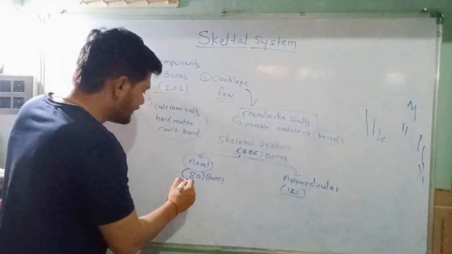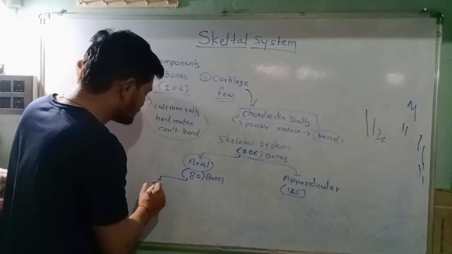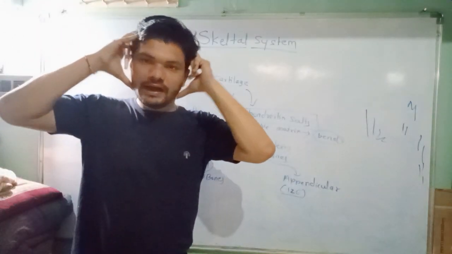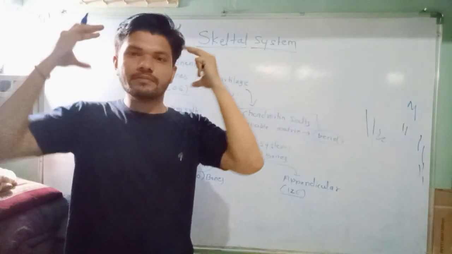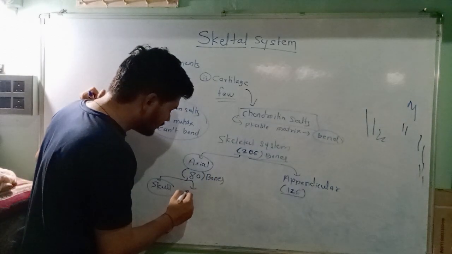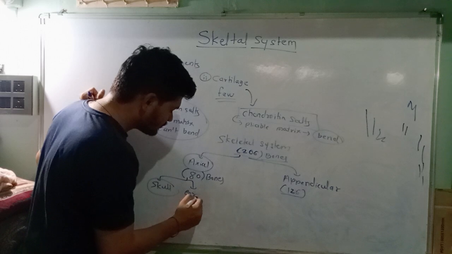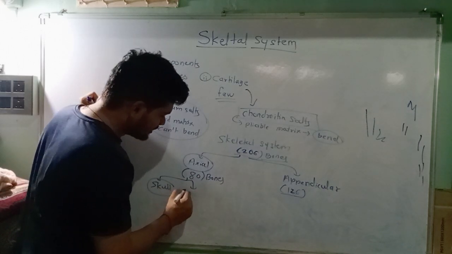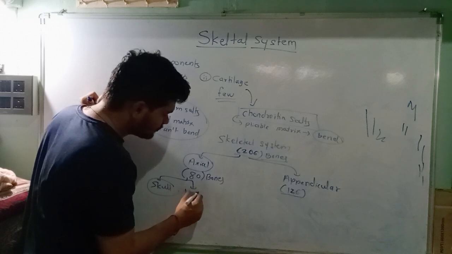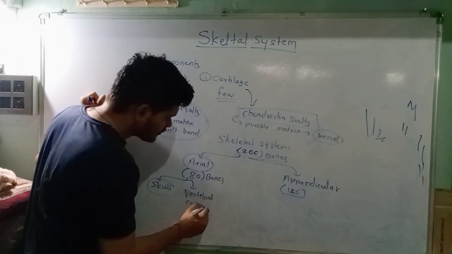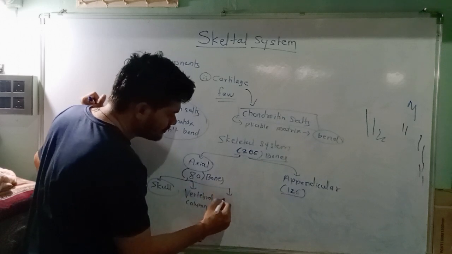Then your axial skeleton includes, see, your skull. Skull means your head part, including cranium and facial bones. Then your ear ossicles. In the second place let's place the vertebral column. Second thing, your ribs.